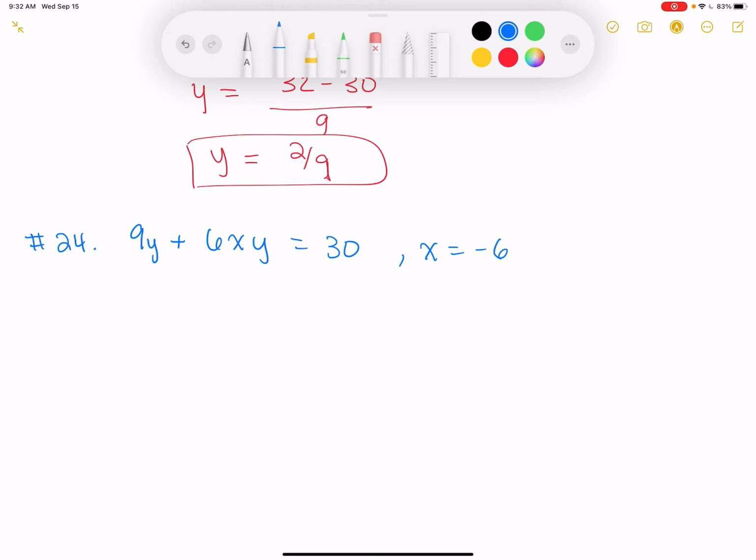What do we notice about both of these pieces? They both have a y. What can I do? Combine them. Divide by 6x. If they didn't have the x in the one, I could do that.